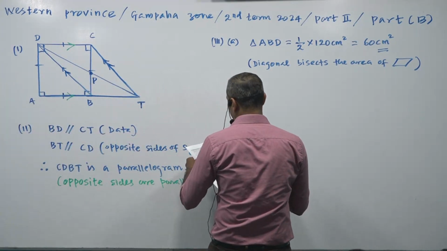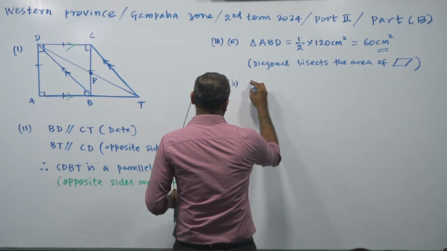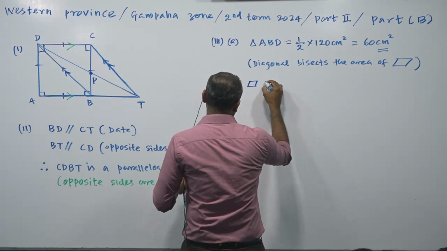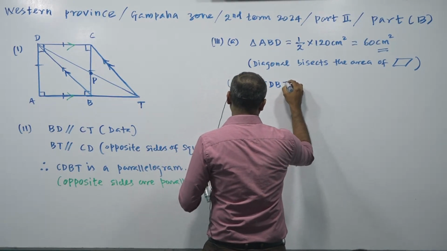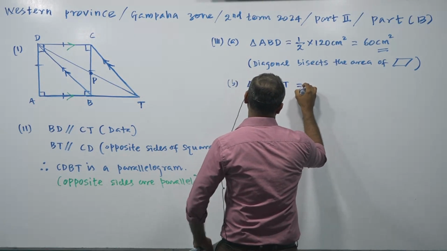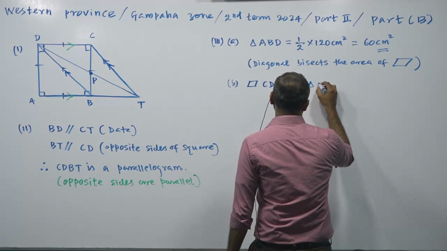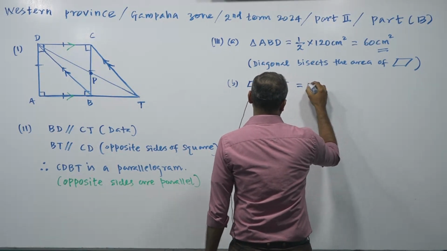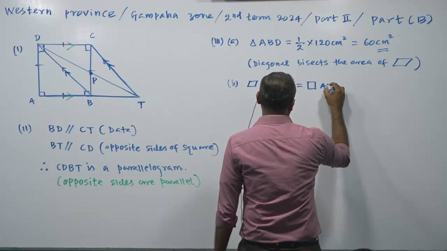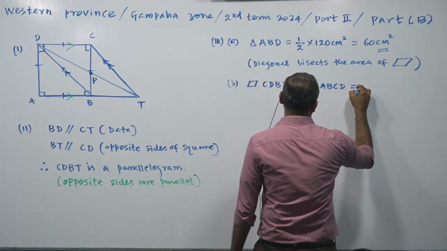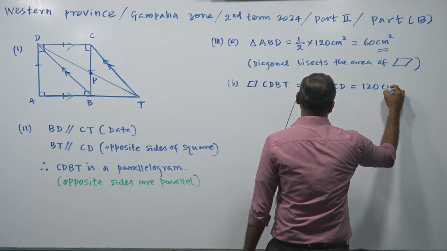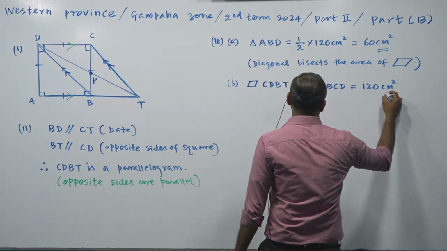So, parallelogram CDBT is equal to the area of square ABCD, that is equal to 120 centimeters square. What is the reason?